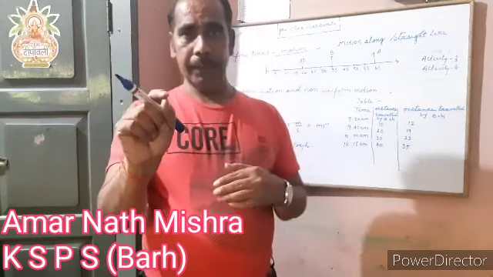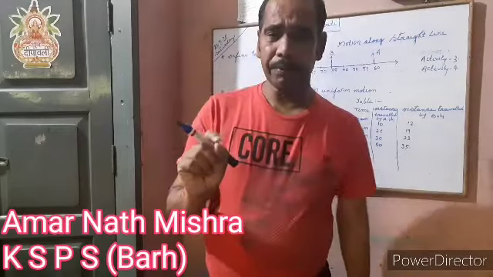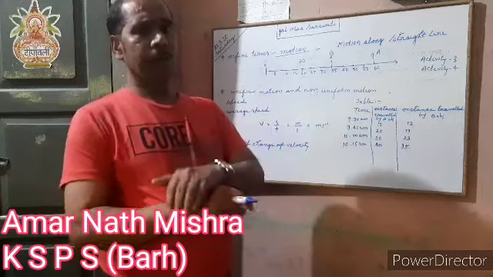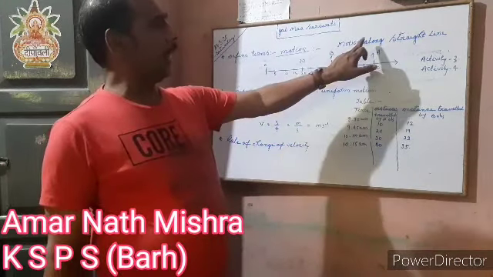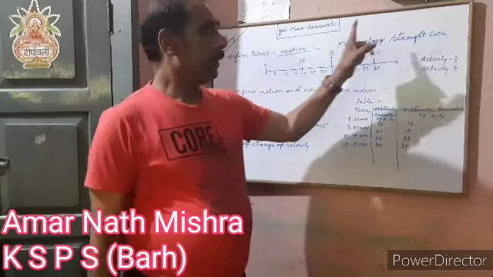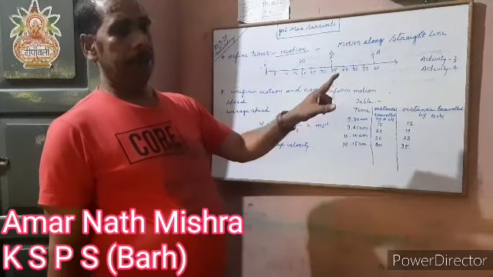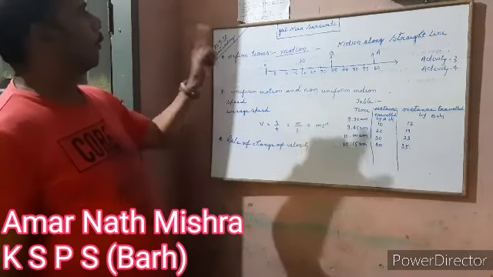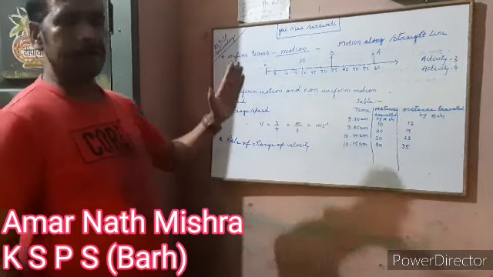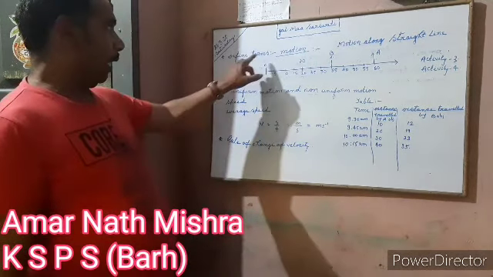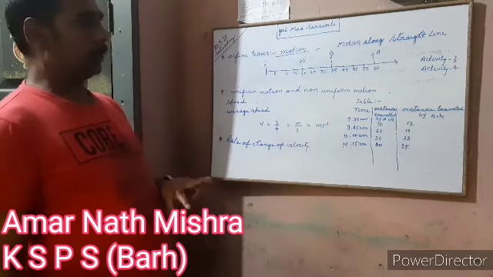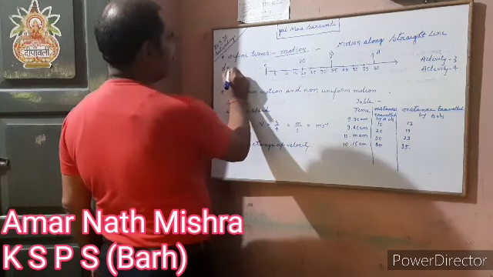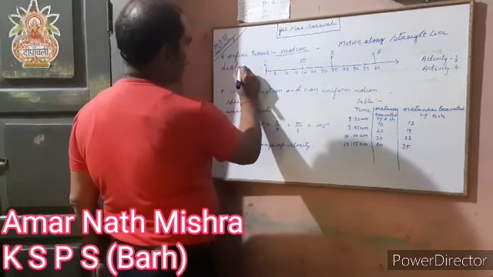This is a good example. Now you should go through this motion along a straight line. Take a meter scale and a rope, and find distance and displacement. That means after motion, two terms come: distance and displacement.